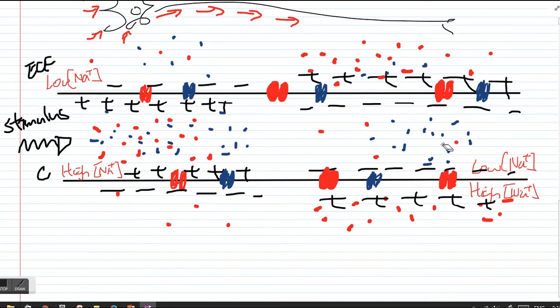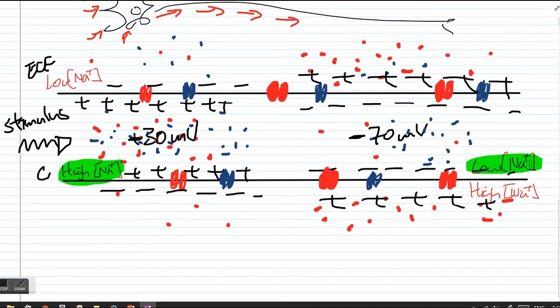In fact, here it's approximately -70 millivolts, and over here is positive 30 millivolts, right? So a couple of important things happen here. The first one is, the sodium channels closed, like I told you, and the second thing is, if you think about the concentration of sodium right here, the concentration of sodium is high because of all the sodium that came in. Farther down is low because it's still at rest.